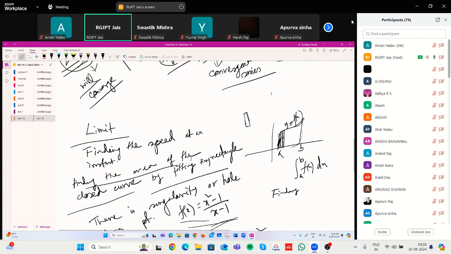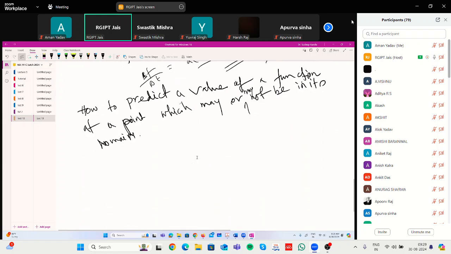Is it clear why you need limits? What is limit then? So you have to analyze by nearby points, right? Suppose this is your function.